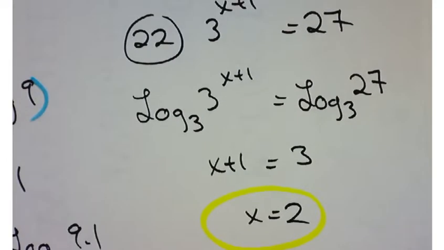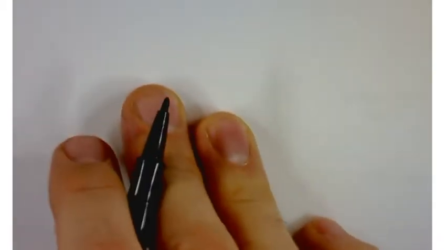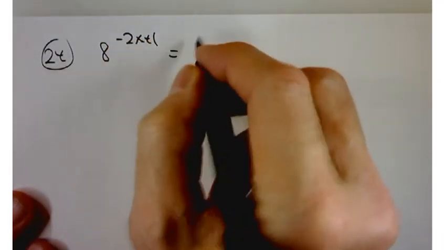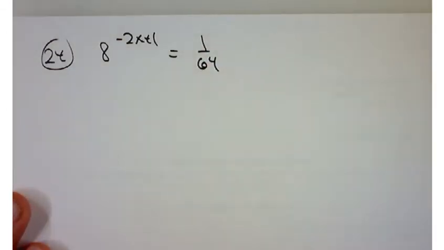Okay. Let's try a couple more like that. Let's try problem number 24. Looks like this. 8 to the negative 2x plus 1 equals 1 over 64.